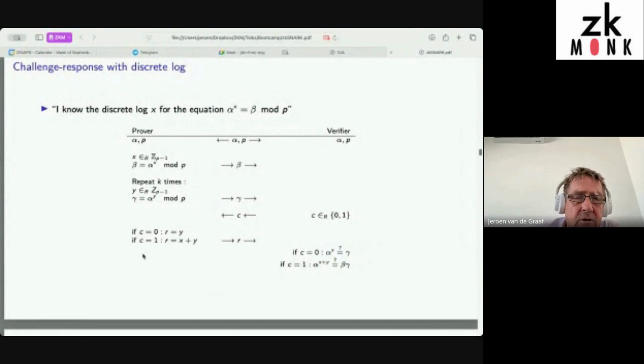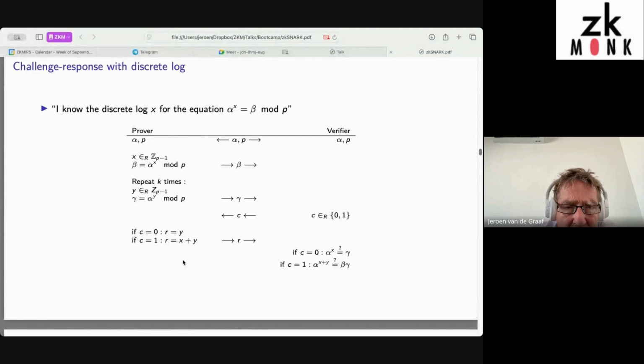In the case that the bit produced is equal to 1, then the prover is going to add the original exponent x from the discrete log problem with y. Now this addition has to be done modulo p minus 1. That's not written, but that's implicit here. And this produces the r.